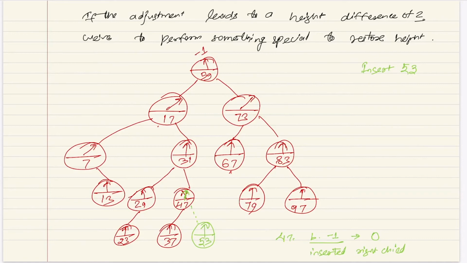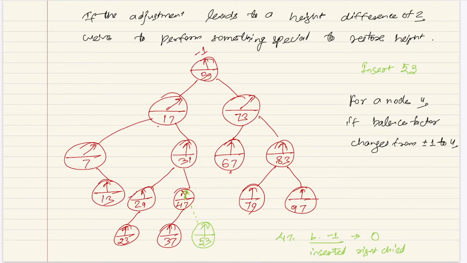So here we can use a trick. What are you seeing? For a node U, if the balance factor changes from, in this case, -1 to 0, but let's say plus or minus 1 to 0.